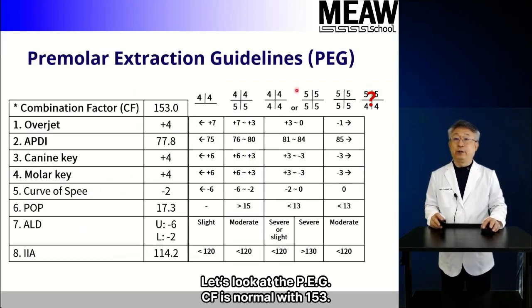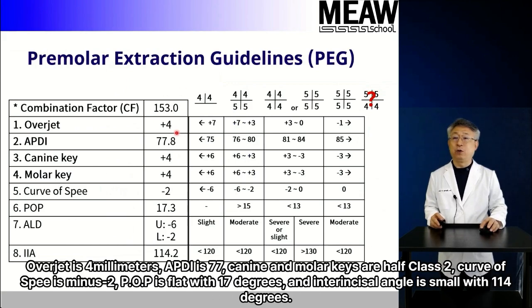Let's look at the PEG. CF is normal with 153. Overjet is 4 millimeters, APDI is 77, canine and molar keys are half class 2, curve of SPI is -2, POP is flat with 17 degrees, and interincisal angle is small with 114 degrees.